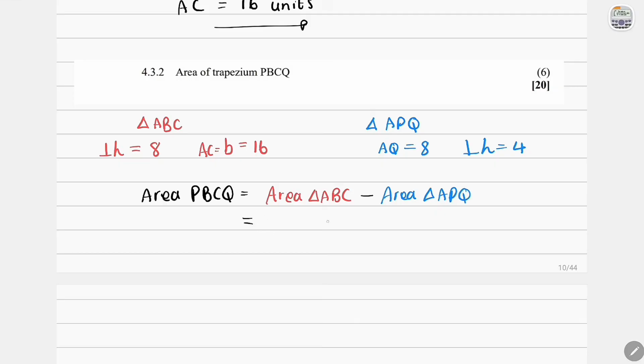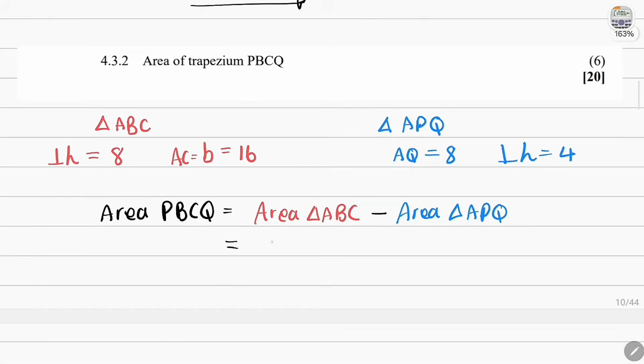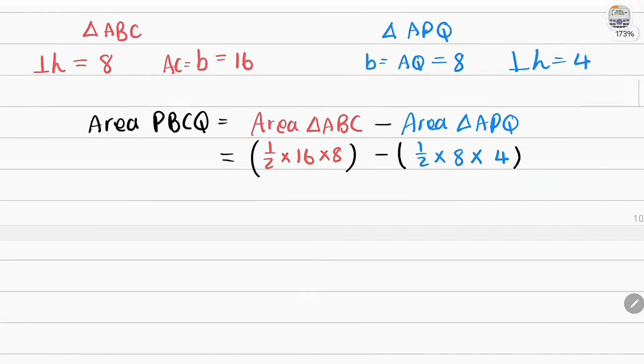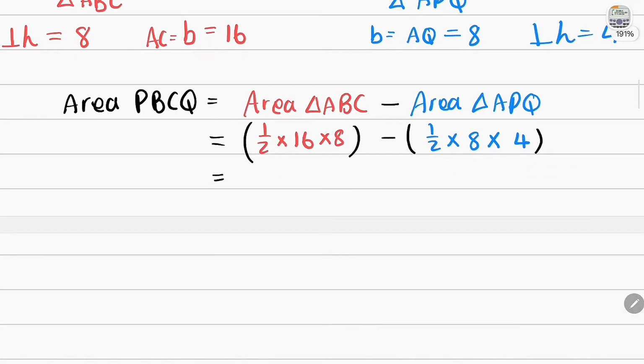So this is equal to: the area of triangle ABC is found by saying a half multiplied by our base, which is AC, and that's 16, multiplied by our height, which is 8. And then minus the area of APQ, which is a half multiplied by the base, which is AQ, that is 8 units, multiplied by the perpendicular height of 4 units. Okay, and let's just find the areas separately first.